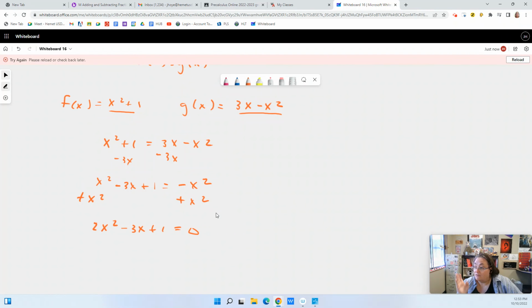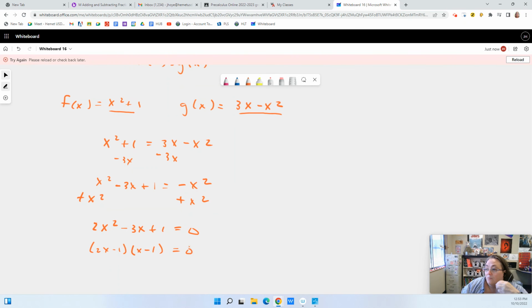And I can solve that using the quadratic formula, or I could factor it. This is a pretty easy factor, I think. We could go like 2x minus 1 and what, x minus 1? I think those would work as my factors, and I could set each of them equal to 0 and solve. Will they all be this complicated?